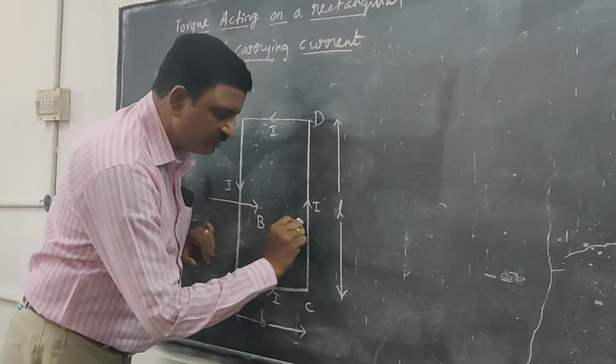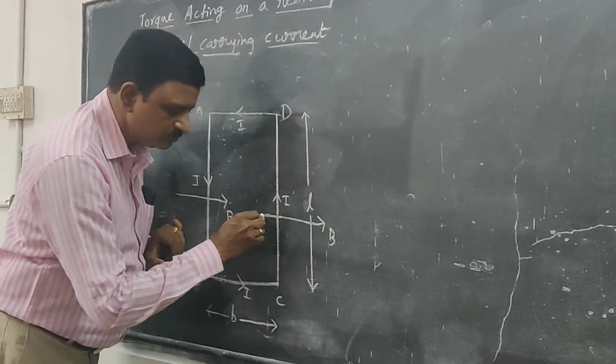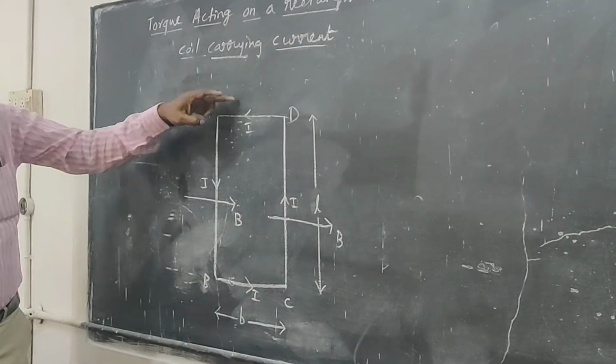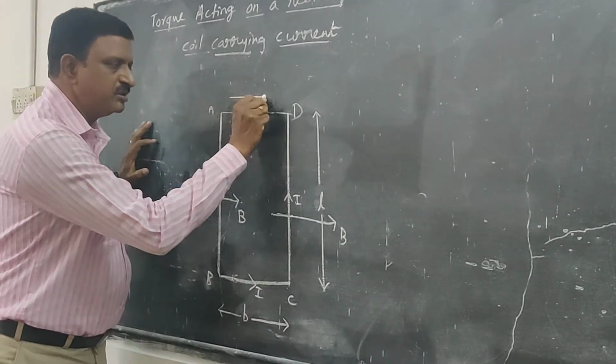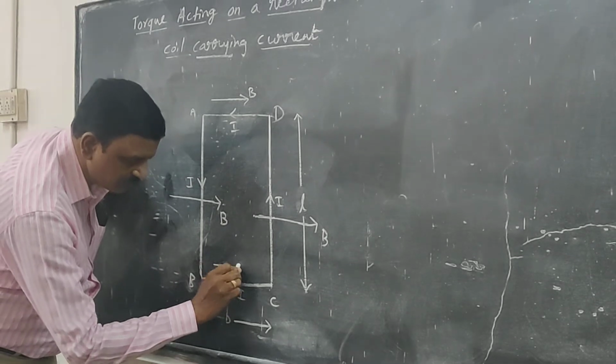So in the new magnetic field, capital B, this is the direction of magnetic field.